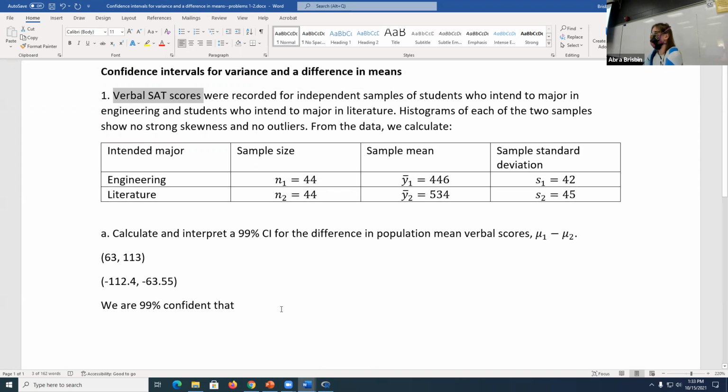So someone else want to take a stab at finishing this sentence? Isaac, what would you say? We're 99% confident that the difference between the mean verbal SAT scores of literature and engineering majors is in that range.